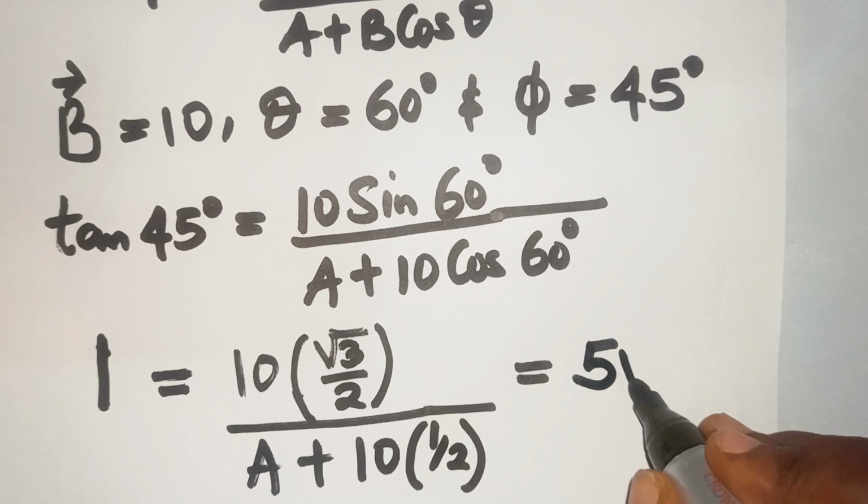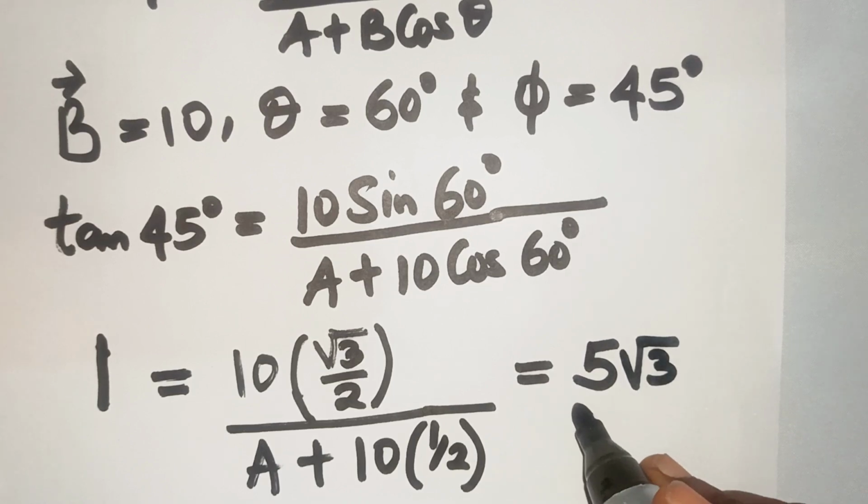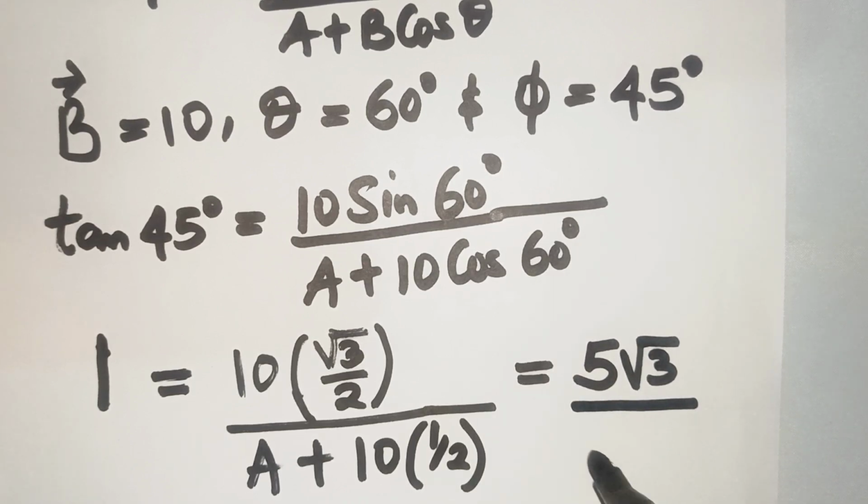So we have 5 root 3 divided by A plus 5. Half of 10 is 5.